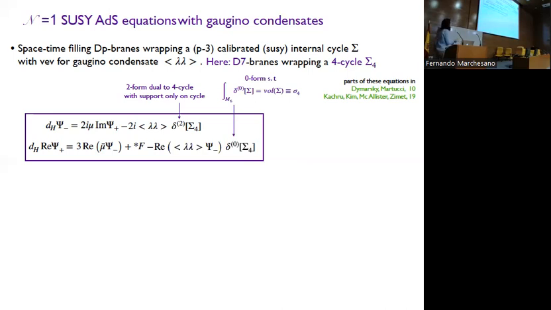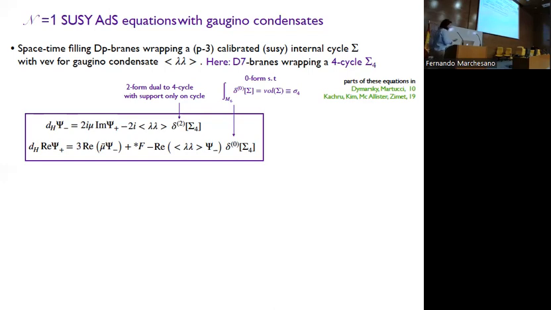And the second one gets modified in this way, where this is like a scalar delta, which has support in the four cycle, and it's such that if you integrate this scalar form over the whole manifold, it gives you the volume of the cycle.